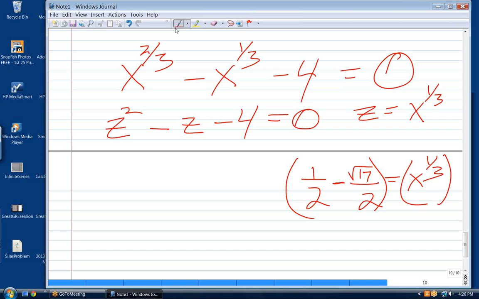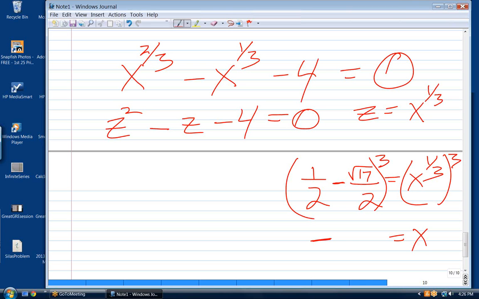That doesn't matter. In other words, when I cube a negative number, I still get a negative number. I get X equal whatever that number was. It retains its negative sign when you cube it. If I were to square it, it would turn into a positive. But when I cube it, it doesn't.